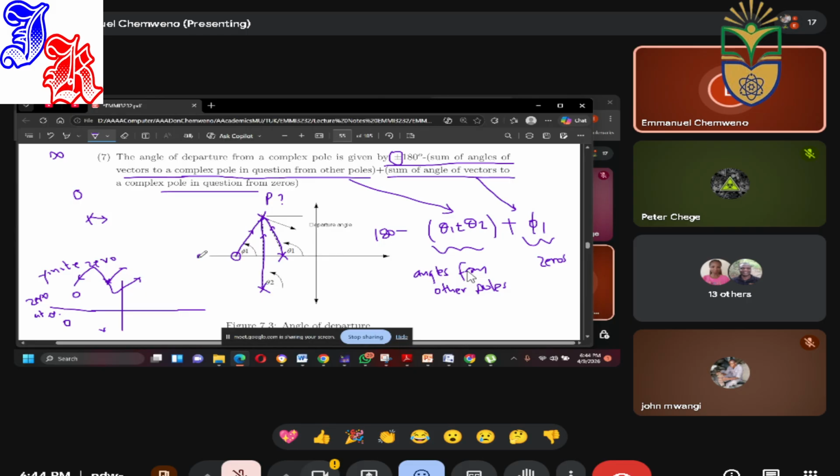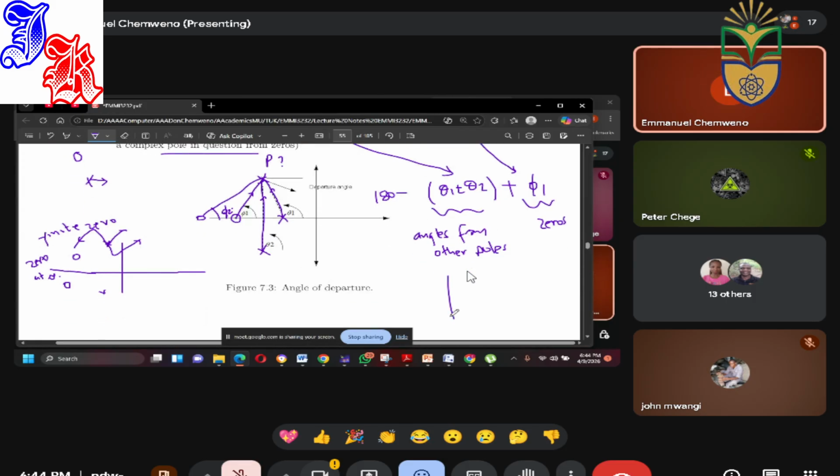So if I had another zero here, I would have called it phi 2. This is a complex pole. The question is, how does it take off, to infinity or to a zero?